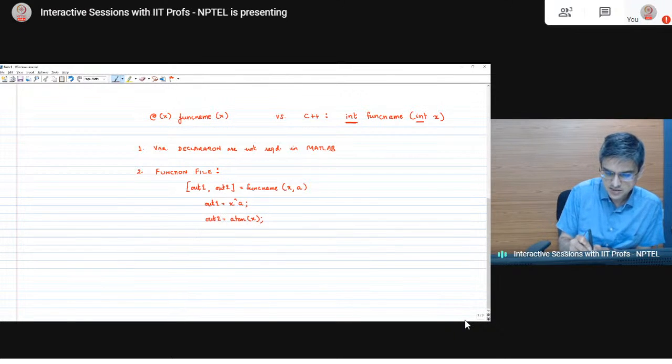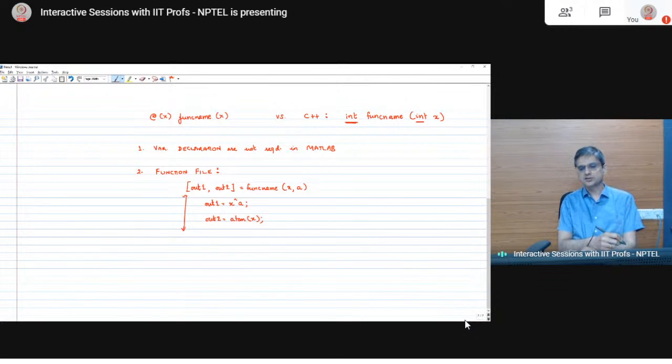Okay, and let's say this is the function file. So out1 is x to the power a, out2 is tan inverse of x. So these are the outputs.